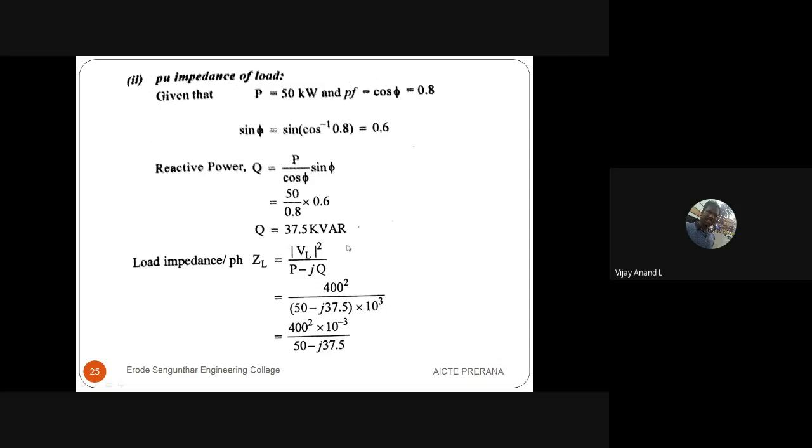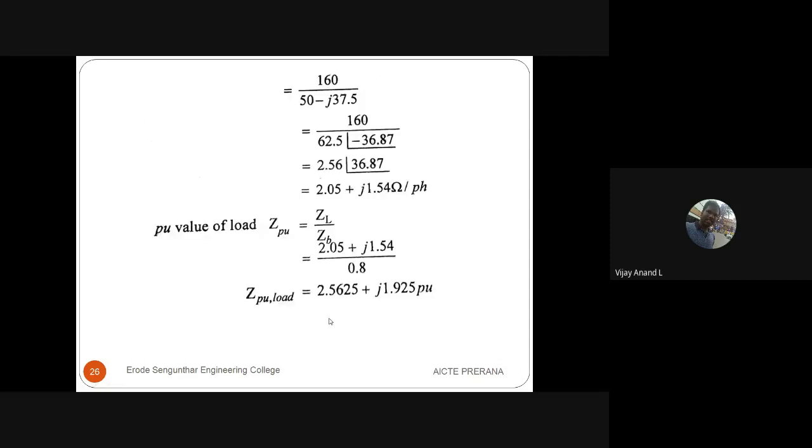After substituting the values in this equation, we get the final answer. Use a calculator and solve this value. You get the load impedance as 2.05 plus j 1.54 ohm per phase.